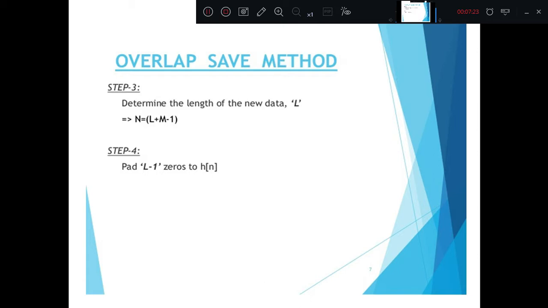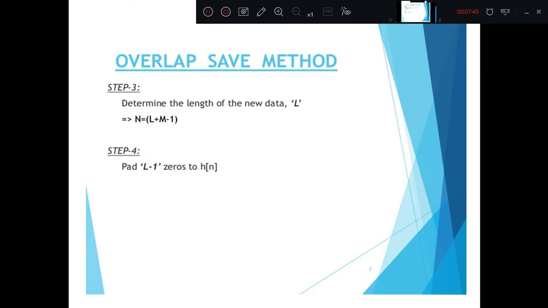So once you divide the long data sequence into smaller blocks, each small block should consist of how many samples? L samples, that is N minus M plus 1, where N is the size of the DFT and M is the length of the impulse response h of n.